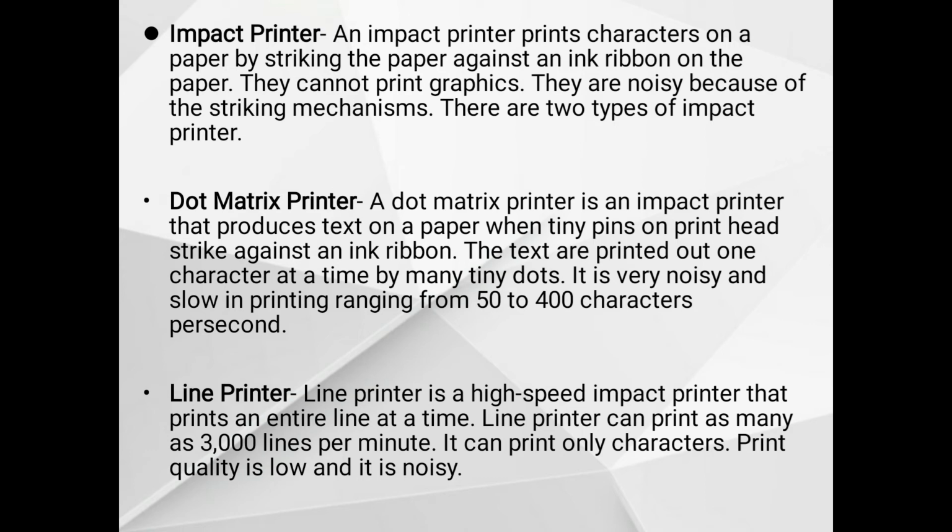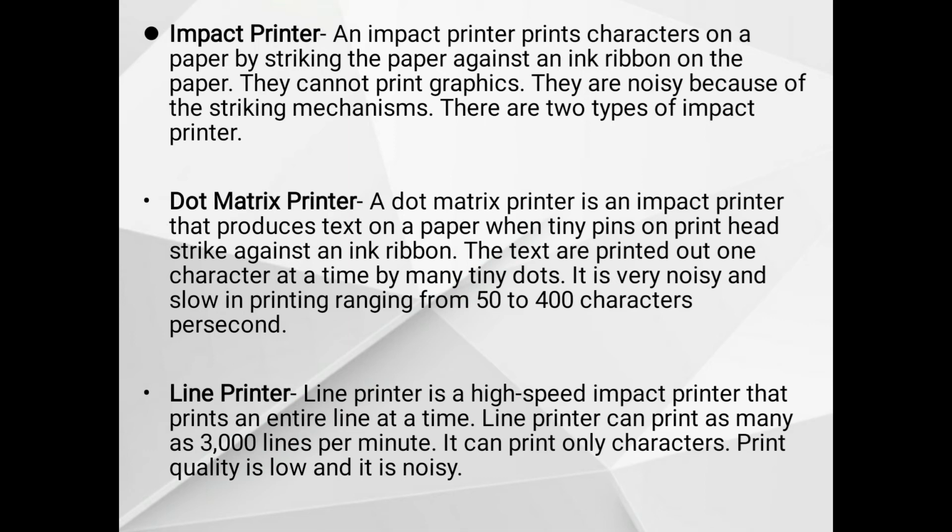A dot matrix printer is an impact printer. It produces text on paper. Keep in mind that it cannot produce graphics. It produces text when tiny pins on the print head strike against a wet ink ribbon.